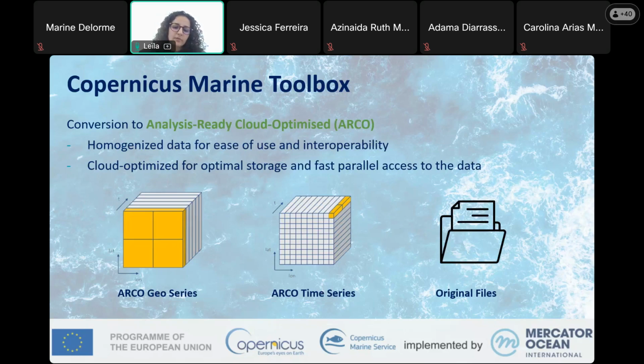So it is optimized to analyze a complete time series over a small area. And with the original file service, it provides the original version of the data as published by the producers. The thing with the toolbox is that it automatically switches between these 3 services depending on the user's request.